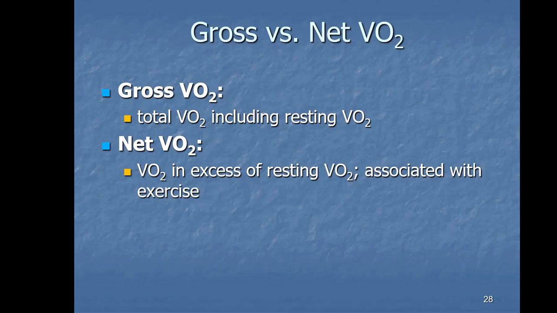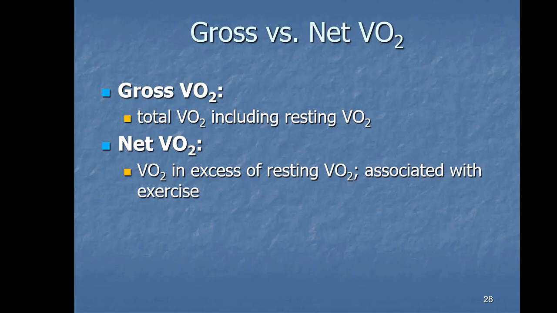So if I'm walking down the street and I measure my oxygen consumption or estimate my oxygen consumption or somehow assess it, and let's say it's 10 milliliters per kilogram per minute, that's gross, because not only does that take into account the oxygen consumption that's associated with walking, but it also includes my resting metabolism. You can subtract out your resting metabolism if you want, and so that would be the net VO2. So net VO2 is oxygen consumption in excess of the resting metabolism or resting VO2.